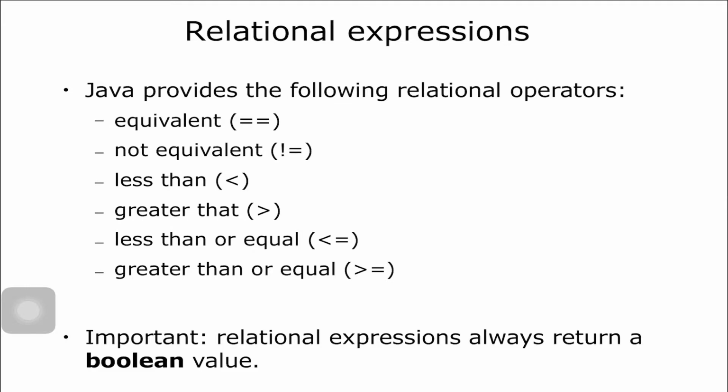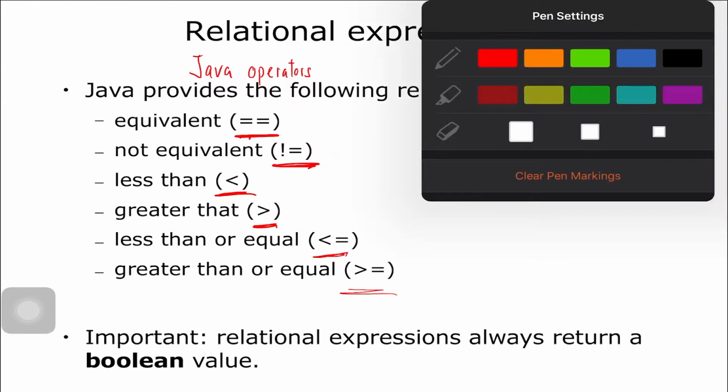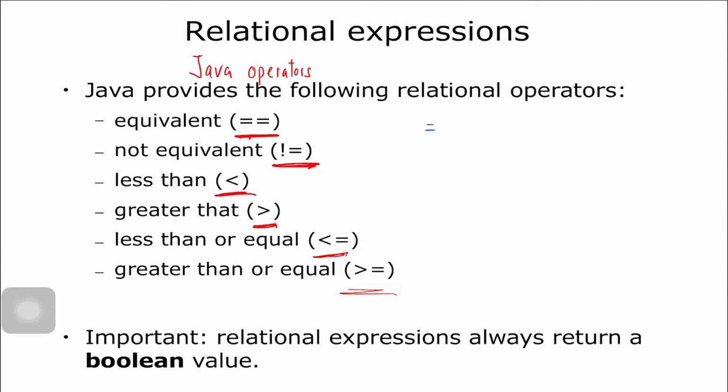So what we are looking at here, we call these Java operators. It's what we write in the code, but basically they have the same meaning as equal, not equal to, less than, greater than, less than or equal, greater or equal. These are what we normally see.